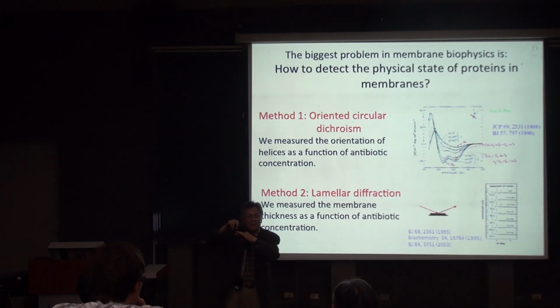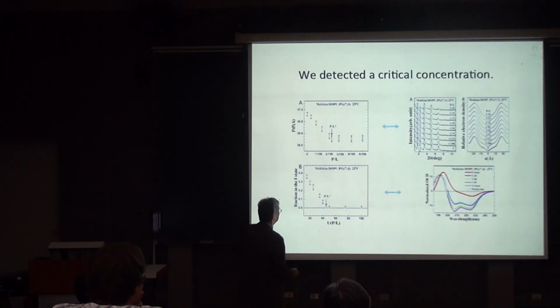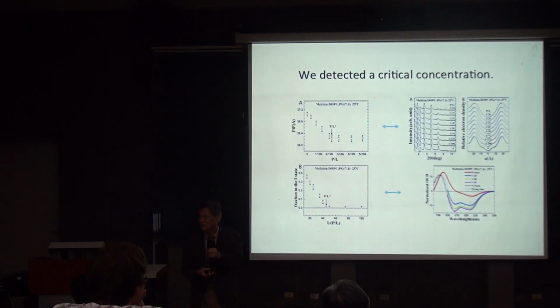The thinning in thickness and the increase in area are complementary, of course. But thickness you can measure with X-ray to 0.1 angstrom precision. Very precise. Area change is very difficult to measure precisely, maybe 0.1% or so. So we use X-ray to measure. And when we did that, we found a very interesting thing.